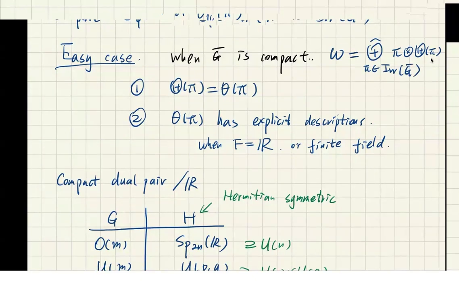In this case, because pi is unitary, and the Weil representation itself is unitary, as a consequence it implies that big theta pi is unitary. On the other hand, big theta pi has finite length. So therefore, you know that big theta pi must be semi-simple. A finite length unitary representation of a group is semi-simple.